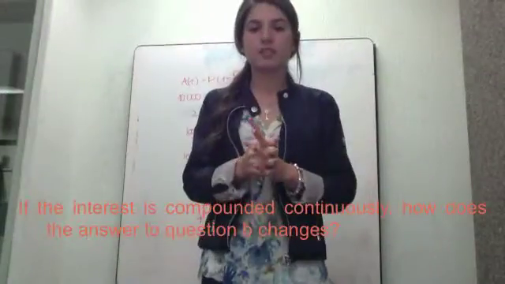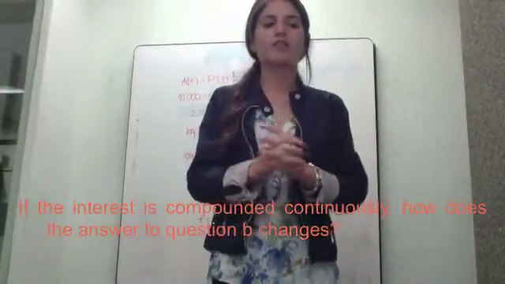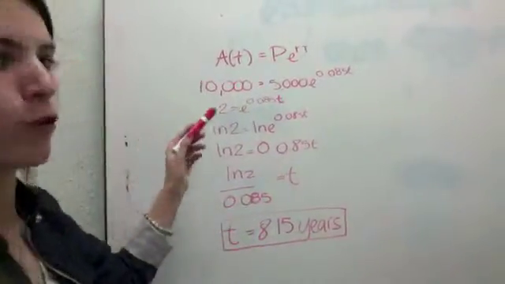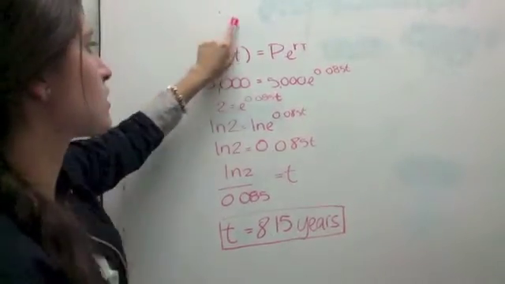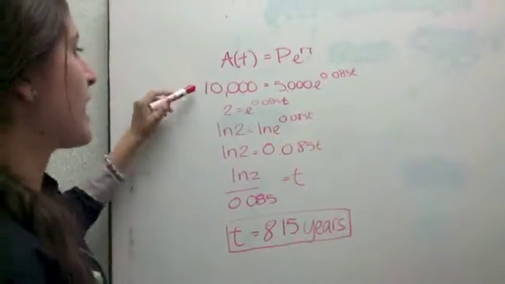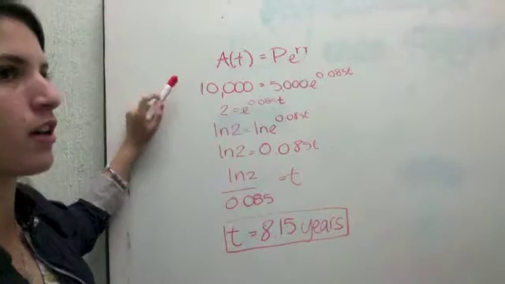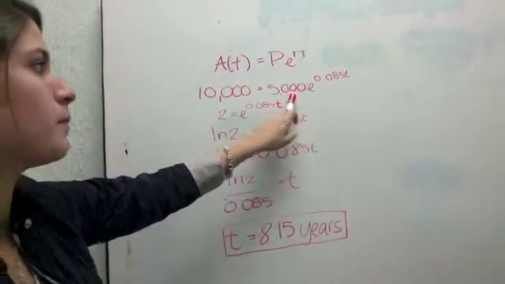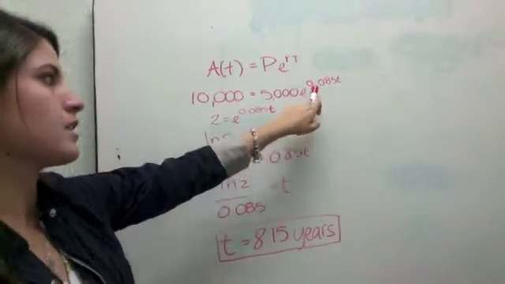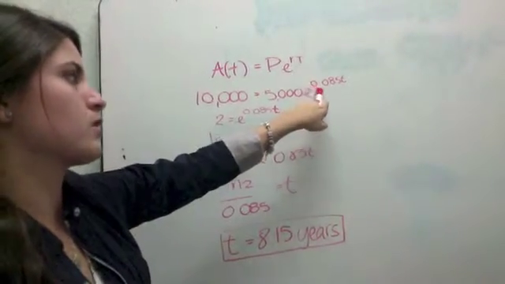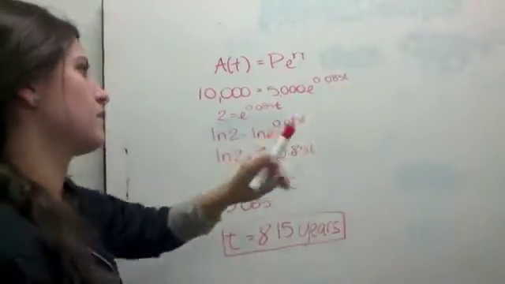If the interest is compounded continuously, how does the answer to question B change? For continuous compounding, we need a new formula: 10,000 is our double capital, 5,000 is our initial capital, times e to the 0.085t.